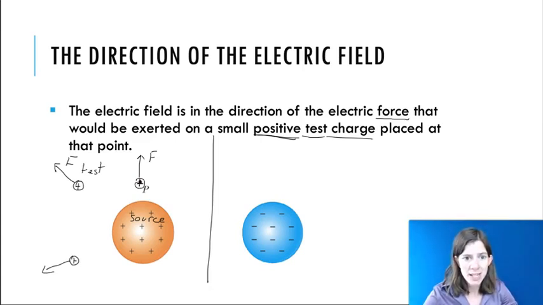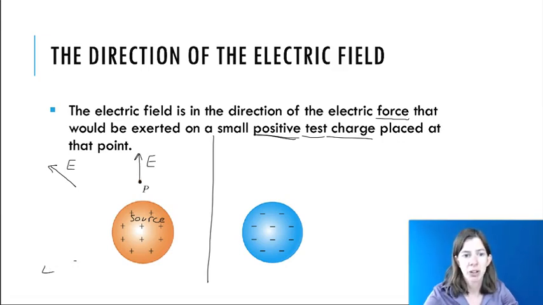Even if this test charge was not here, at this point there is an electric field, I'll call it big E, that is produced by the source, and it points in this direction because that's the direction of the force that the test charge would experience if it was there. So there's an electric field this way.